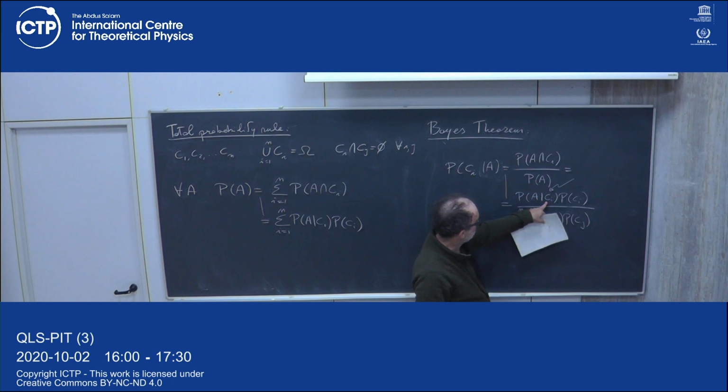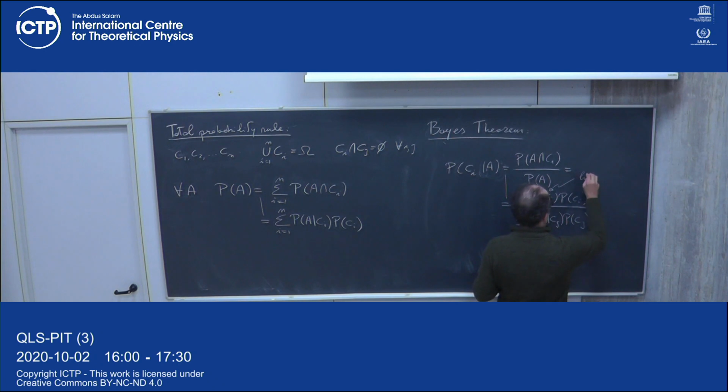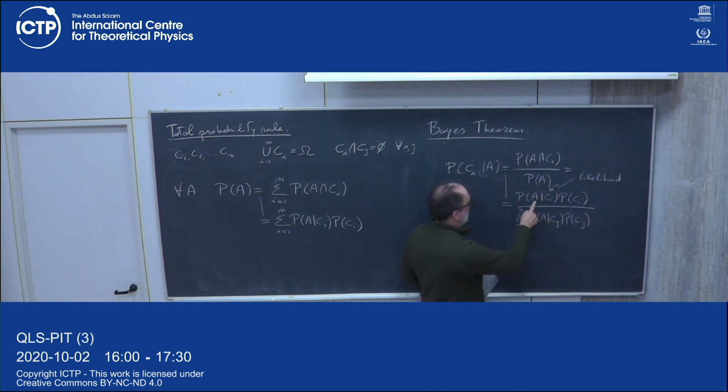But you may have different models. So what is here is what is called the likelihood. It tells you how likely is the event A under cause Ci or under model Ci.